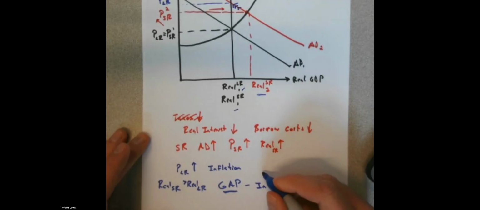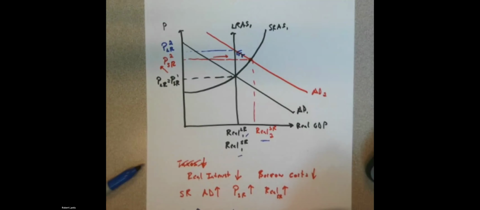And we'll go through a little bit more of this throughout the next couple of days. But for right now, the way we can think about this is if the real level of GDP is higher in the short run than the long run, we're going to have an inflationary gap. Another way of thinking about this is the price that we currently see in the short run. Well, let me color code these.